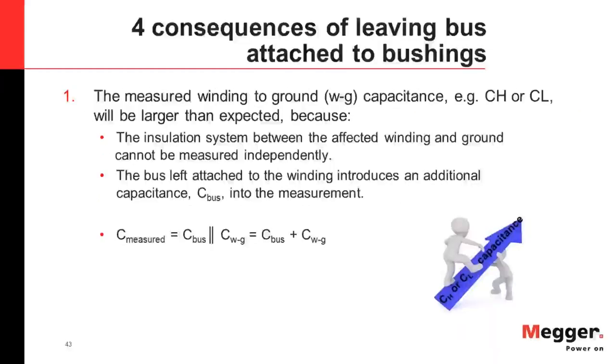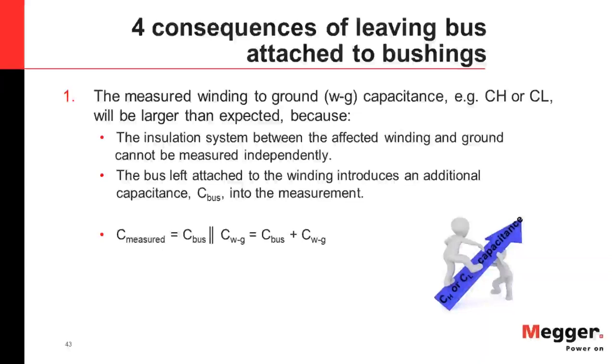The first is that the measured winding to ground capacitance of the insulation system is affected. For instance, say I can't detach the bus from my low voltage bushings, so CL in this case. The capacitance of CL is going to be larger than expected. Why? Because the insulation system of that affected winding, CL, can't be measured independently anymore.